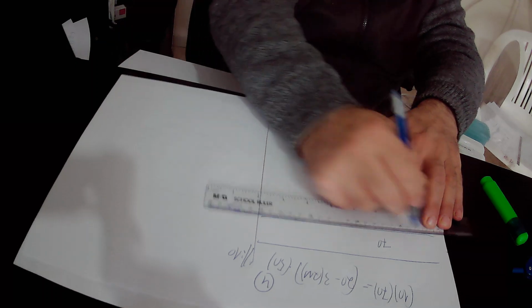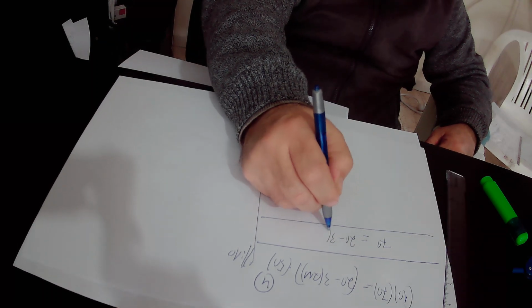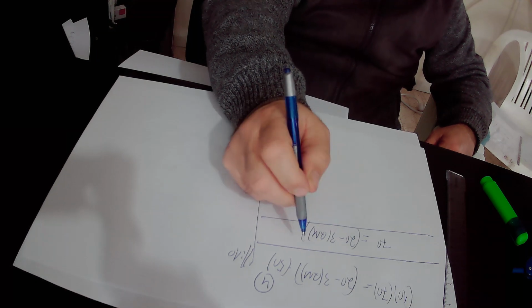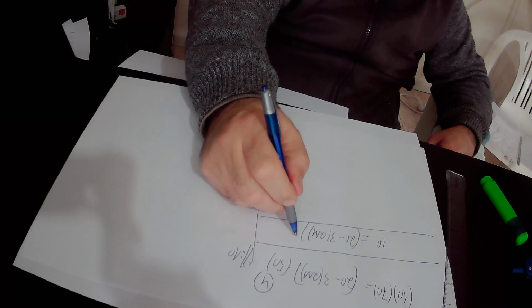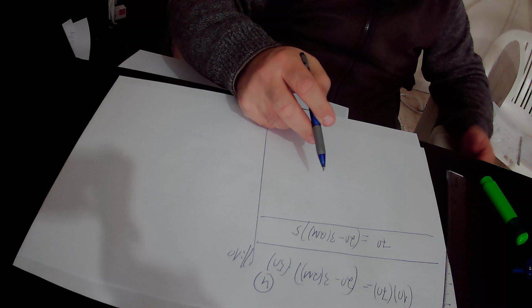That equals, on the other side, 20 minus 3 QM times 50, and 50 over 10 is 5. So in conclusion, we found out that 70 equals 20 minus 3 QM times 5.